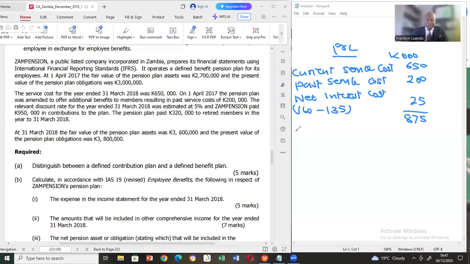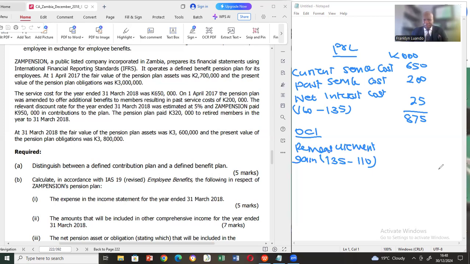And then other comprehensive income, the remeasurement. Here we have, this must be remeasurement gain. Because on the asset, we have 135 gain. On the liability, we have 110 loss.